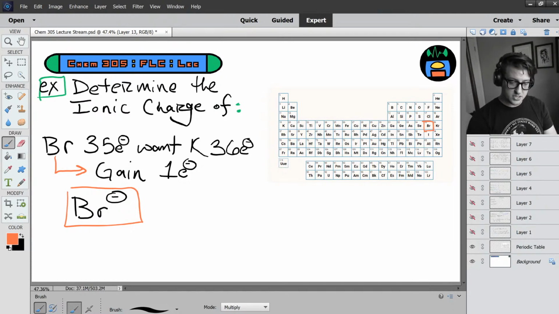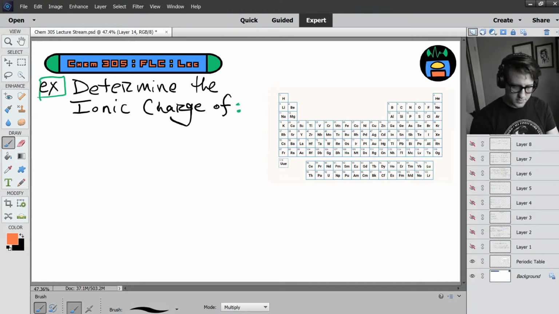All right, let's do another example. Let's look at sodium. Sodium is right here on the periodic table. Sodium has 11 electrons, and the closest noble gas to sodium is actually behind it. It's neon.